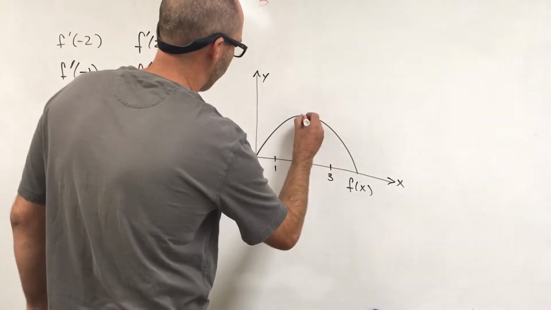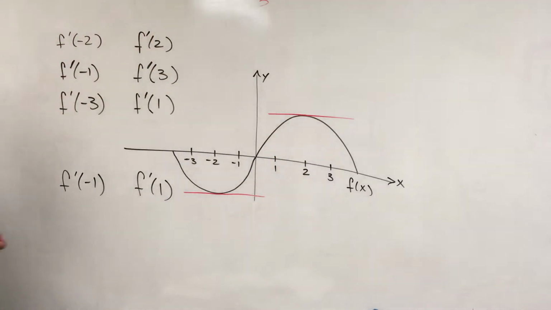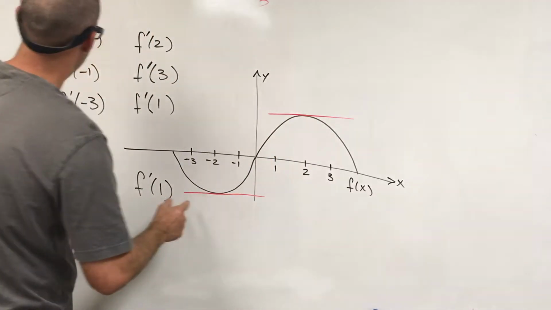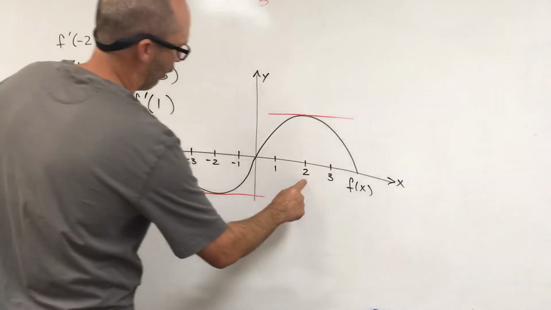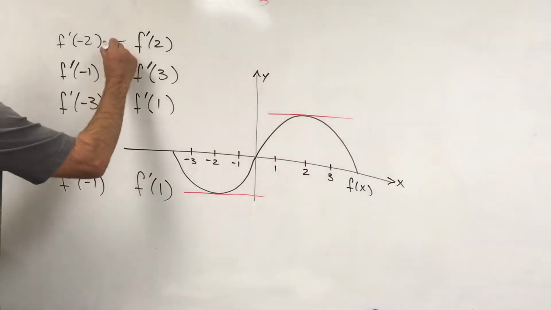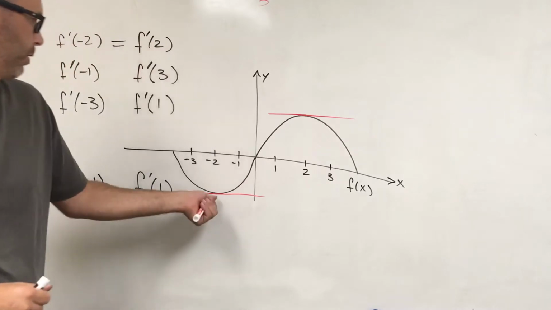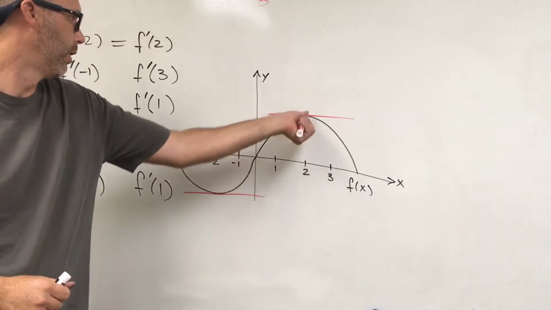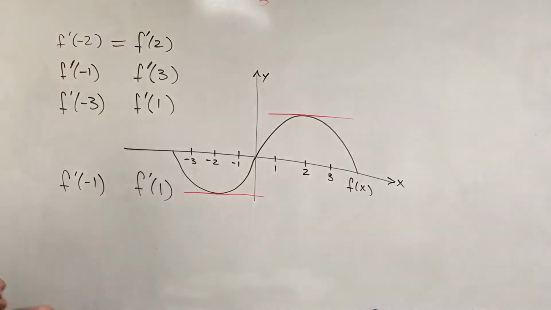Slope of tangent line at 2, horizontal. So f prime of -2 is 0. f prime of 2 is 0. So they're equal because they're both equal to 0. Slope of the tangent line at the top of a hill or bottom of a valley is equal to 0.